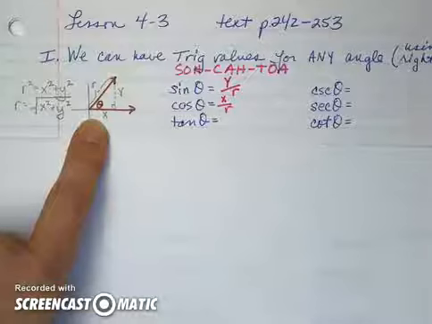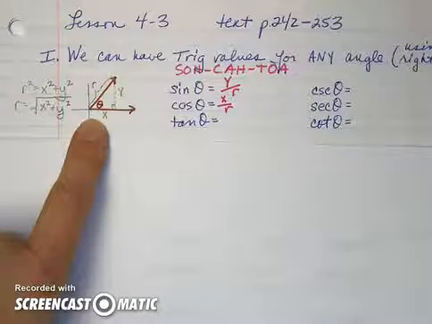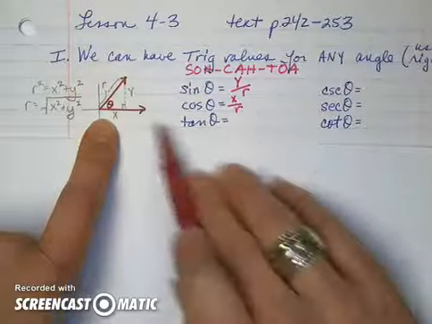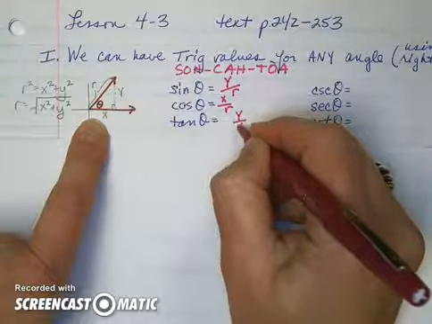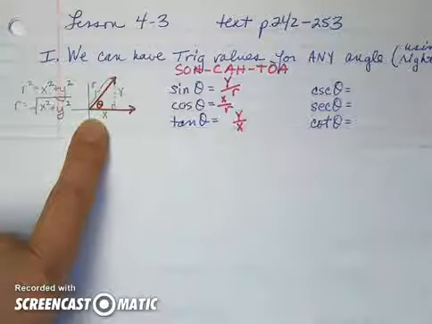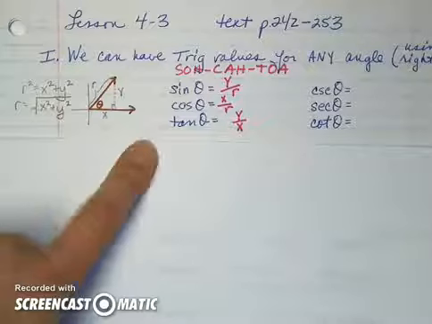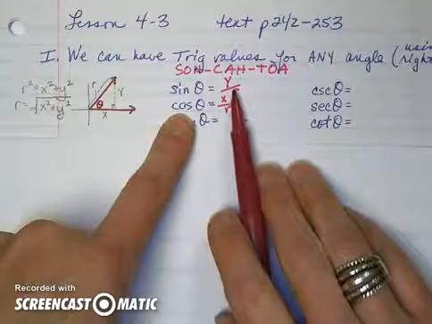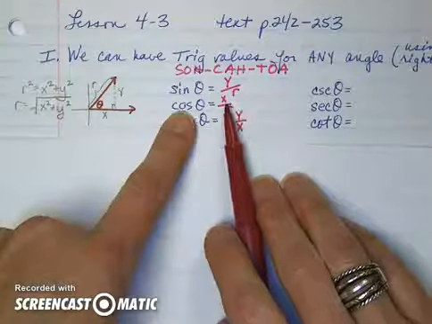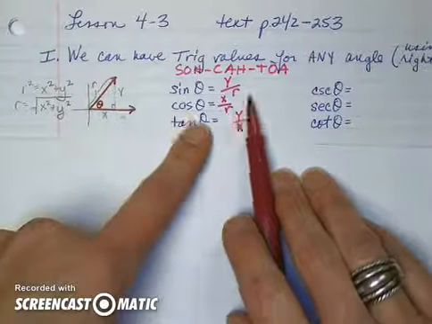The tangent would be the opposite over the adjacent. So if I put y over x, well, y over x would be the same thing as sine over cosine. If I take sine, y over r, and divide it by cosine, I would multiply by the reciprocal, right?